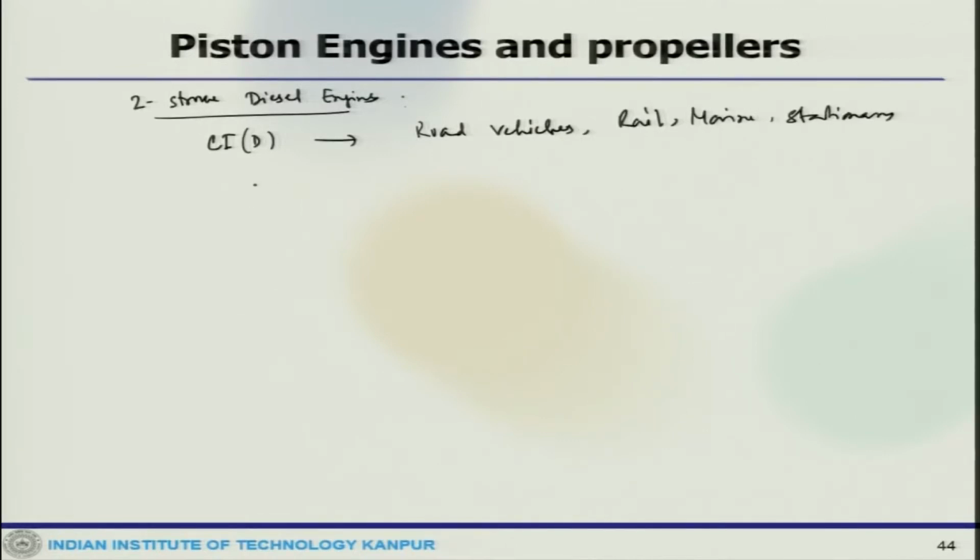But the SI or Otto cycle, that is the gasoline cycle, is also used in airborne applications, basically small airplanes and helicopters.